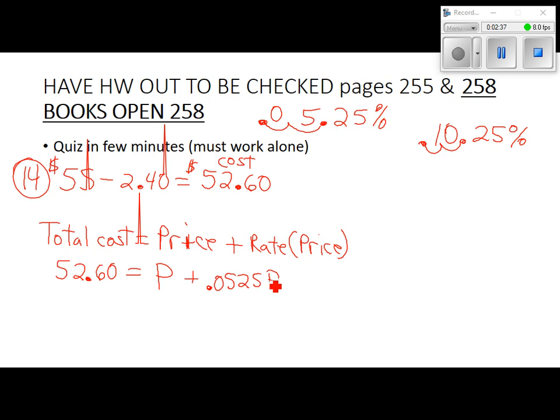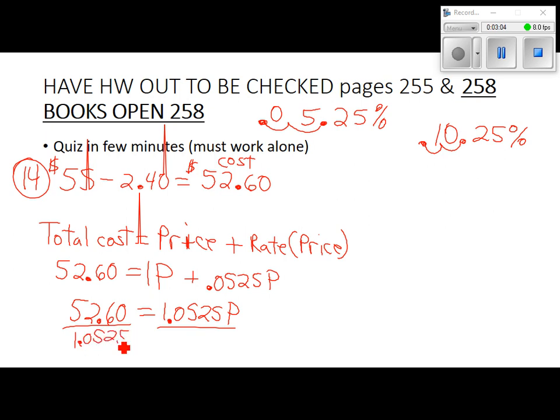Thinking back to your algebra days, what's the number in front of this P right here? 1. What's 1 plus that decimal? 1.0525. And that's still times P. What are we going to do to solve for P? Divide both sides by that number, 1.0525.